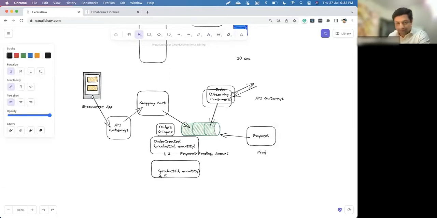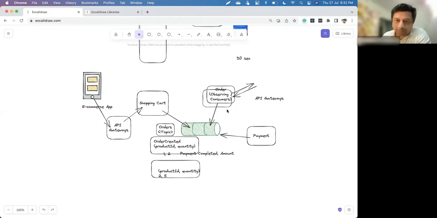So what payment processing can do is, once payment is processed, it will mark it as payment completed. So what the order service can do is just write these messages and then move on to process the next order.